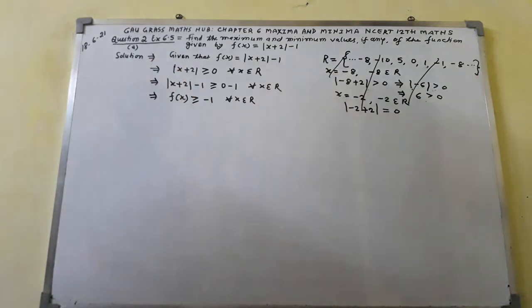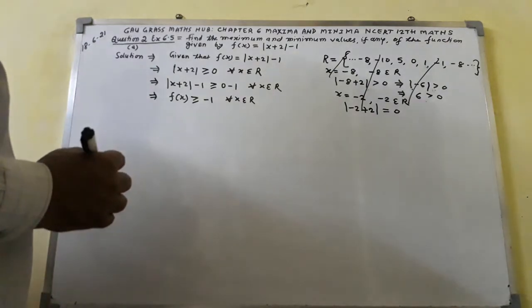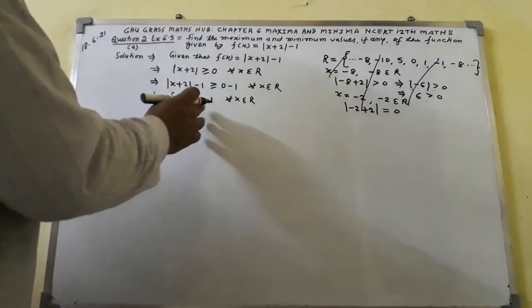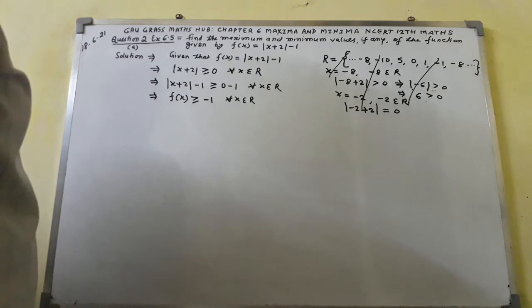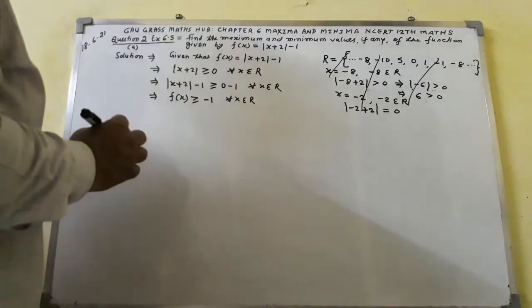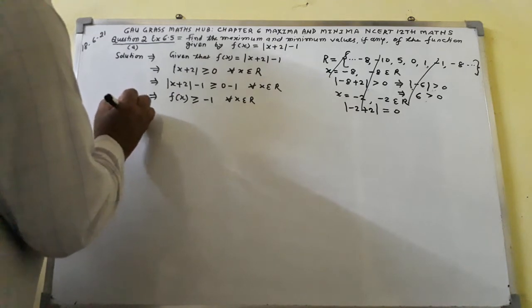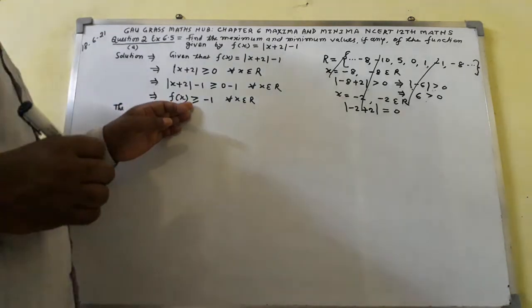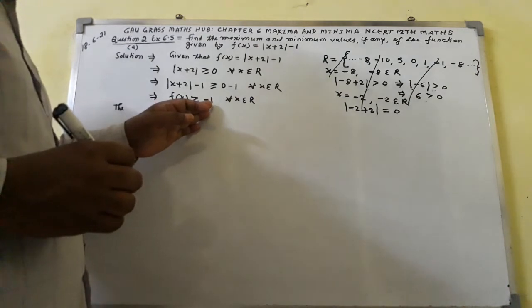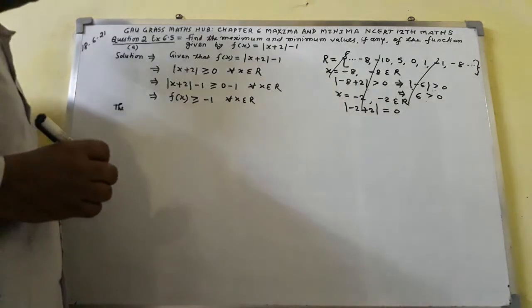What to do in this case? f of x equal to minus 1 will be the minimum value of f of x.